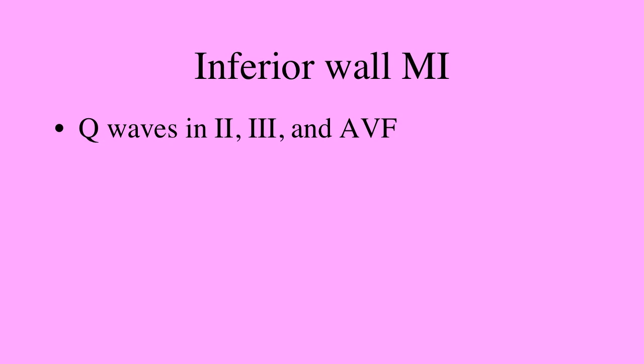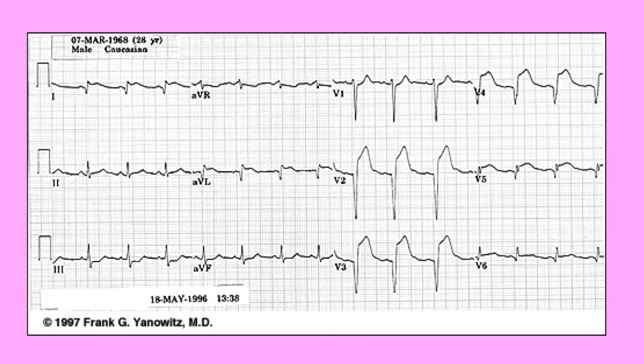Another example, the next example, take a minute to look at that. Again, scan for Q waves and look for anything that goes along with that too. And you can see that in leads 1 and AVL, you have definite Q waves, and then leads V2 through V6, you have definite Q waves.